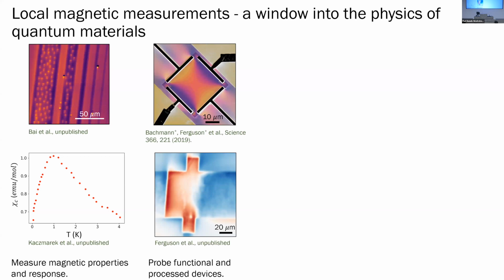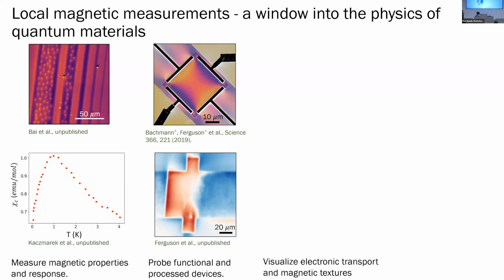So we, for example, image these focused ion beam defined microstructures, even though they're heavily processed with a gallium focused ion beam. Or you can even look at a top-gated Hall bar structure. Here we actually look at the magnetic structure in that Hall bar. And there's even an oxide and then a top gate on top of this device.